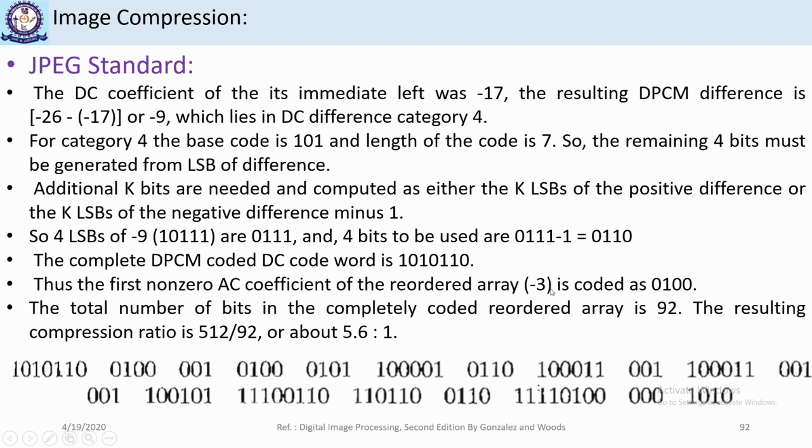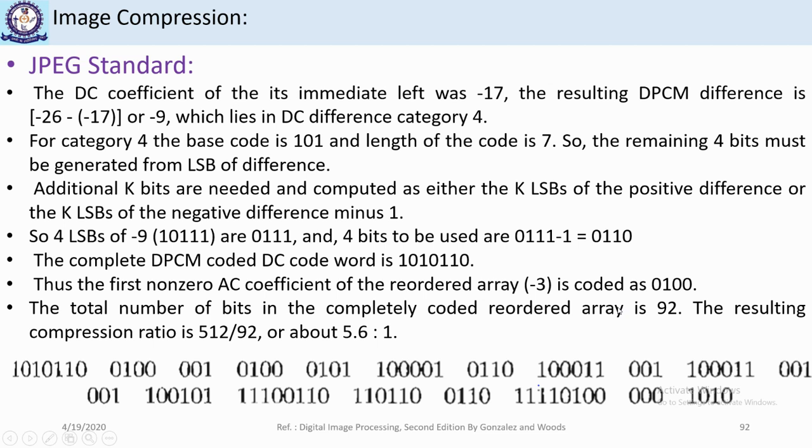I'm sorry, the -3 will be represented by 101. The LSB 2 bits we will take from this, so that will be 0, 1. From there we subtract 1. If I subtract 1 from 01, I get 00. So the LSB 2 bits will be 00.